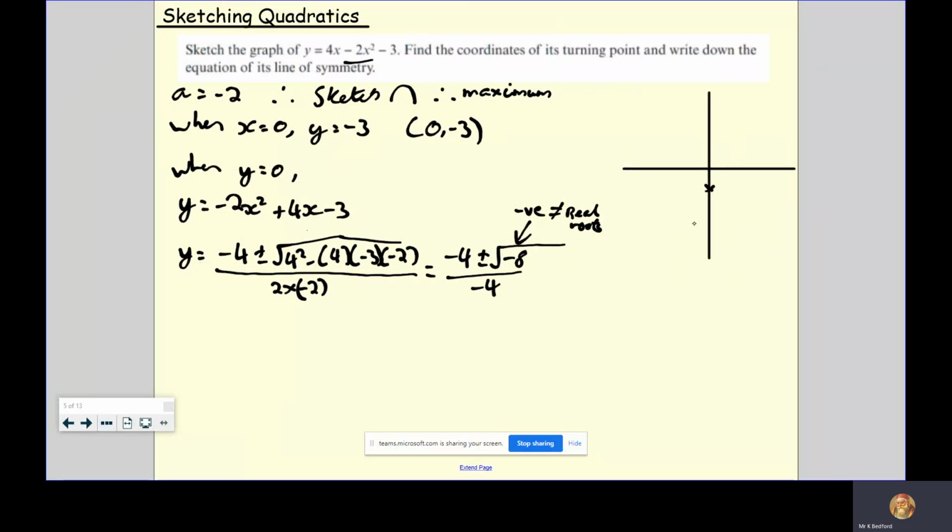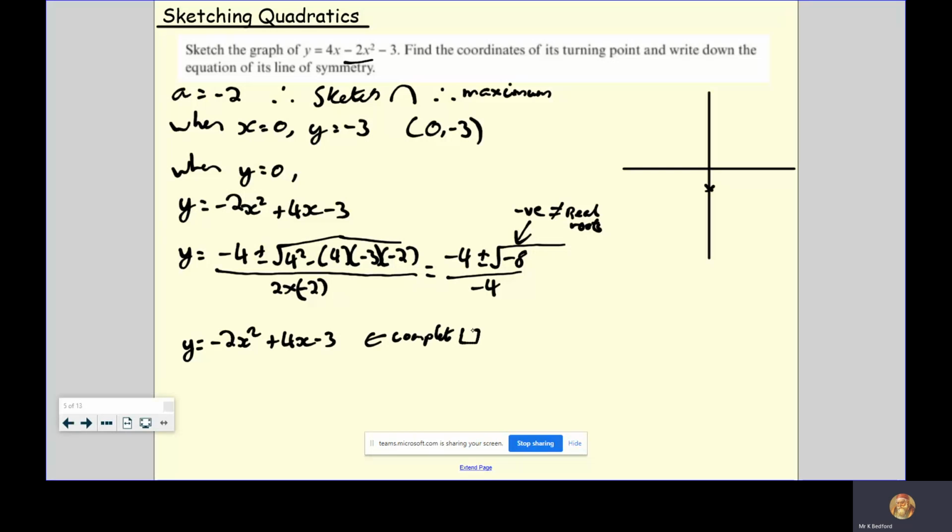So I am pretty confident I could draw my graph on, but I don't know whether my turning point is going to be a negative x coordinate or a positive x coordinate. So in order to find the turning point, I'm just going to complete the square. So I've got y equals -2x squared plus 4x minus 3. And now I'm just going to complete the square.